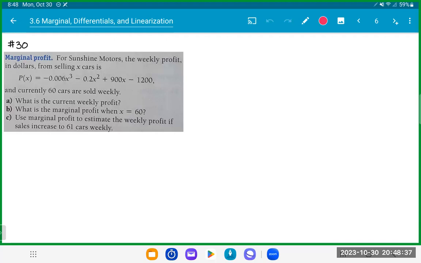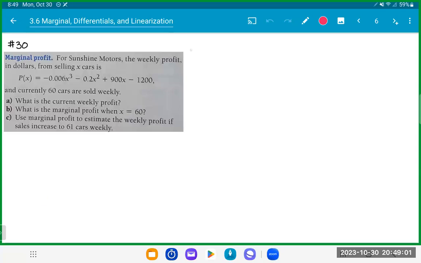Currently 60 cars are being sold per week. So we want to determine the current weekly profit, the marginal profit at 60 cars, and we want to use that marginal profit to estimate the weekly profit if we increase our sales to 61 cars.